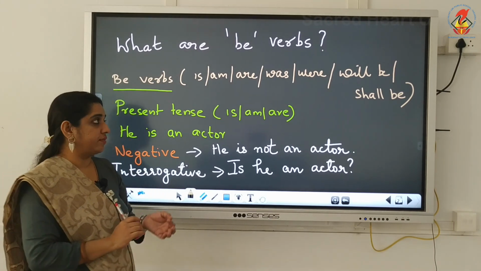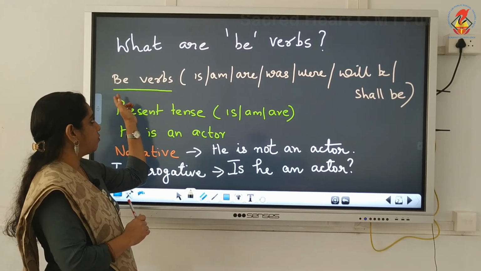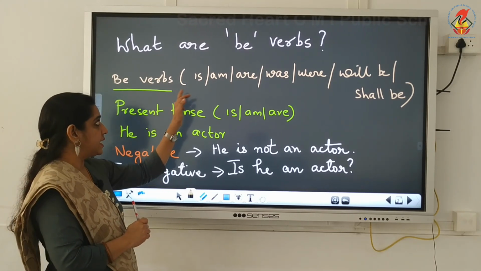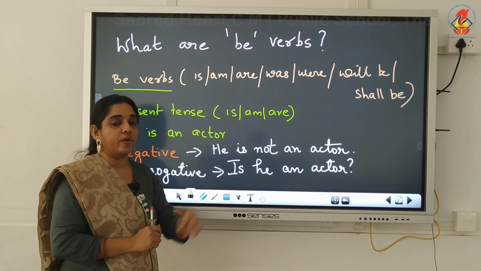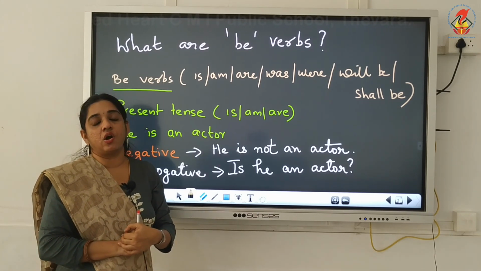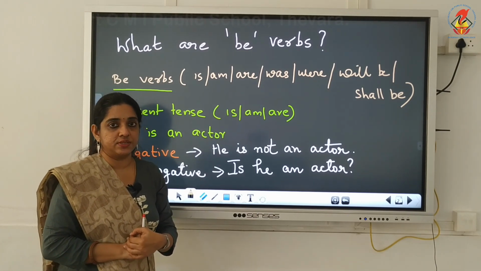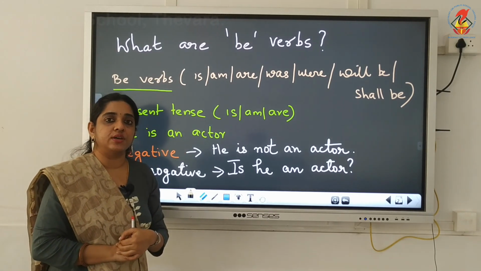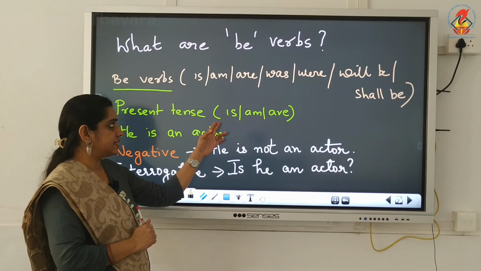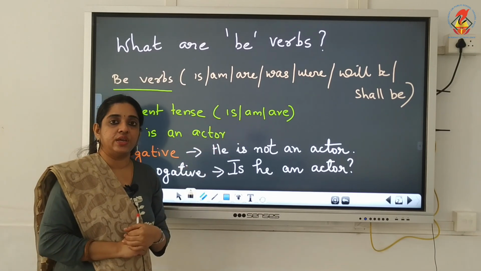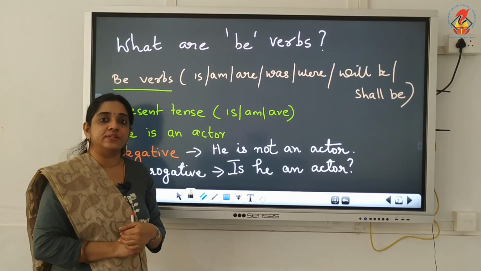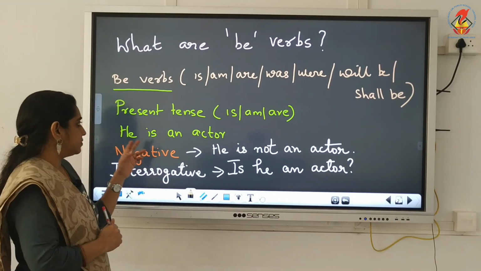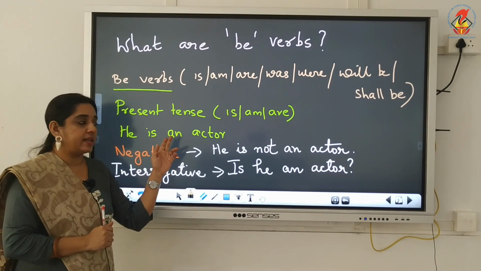So, first you have to be very careful. What is be verb? Be verb means is, am, are, was, were, will be and shall be are called as be verbs. Okay. Now, in present tense, which all be verbs are used? Is, am, are. These three verbs are used in present tense. Now, see the example. He is an actor.